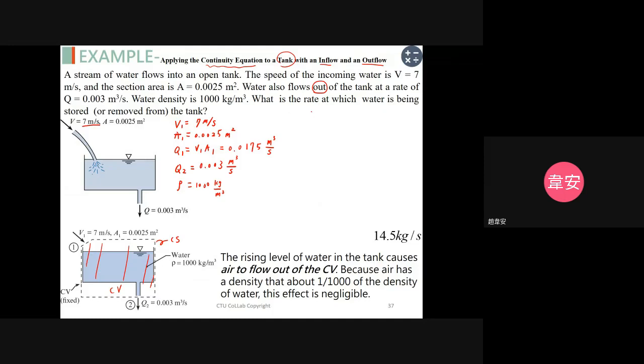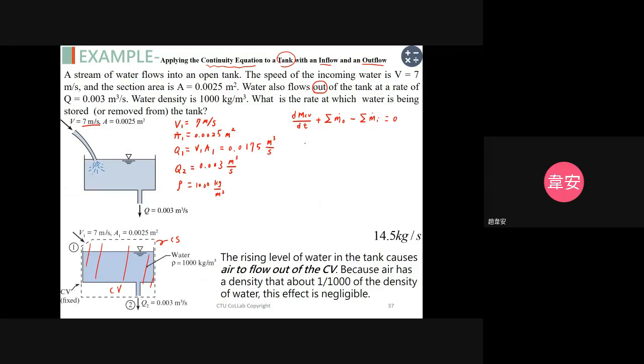Following the continuity equation, we know that dm_CV/dt plus the total flow out rate minus the total inflow rate will equal 0.